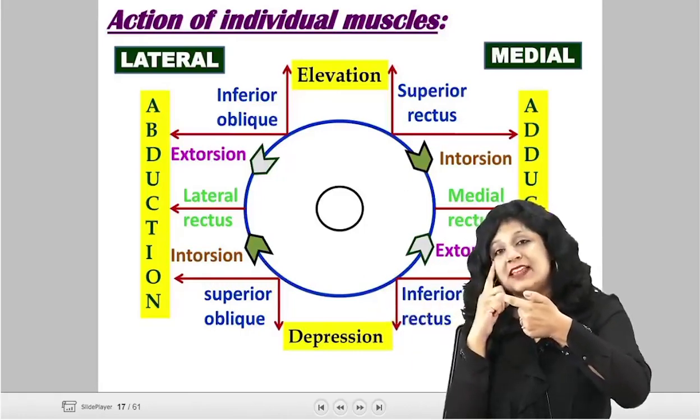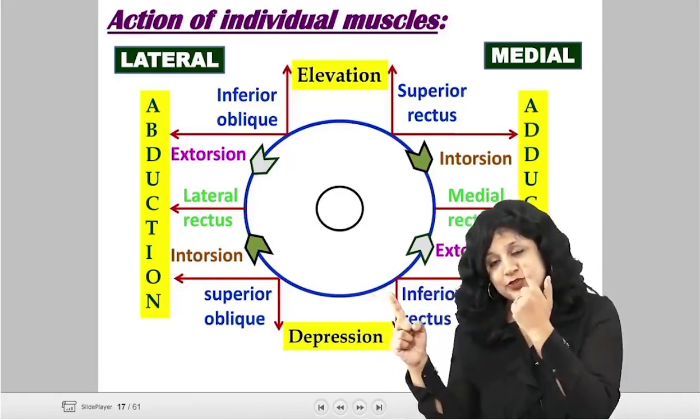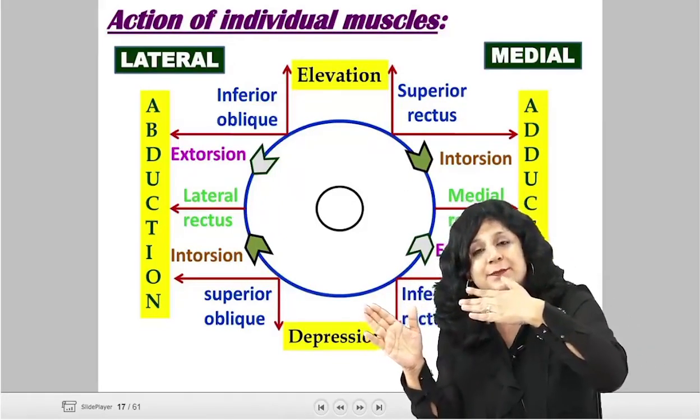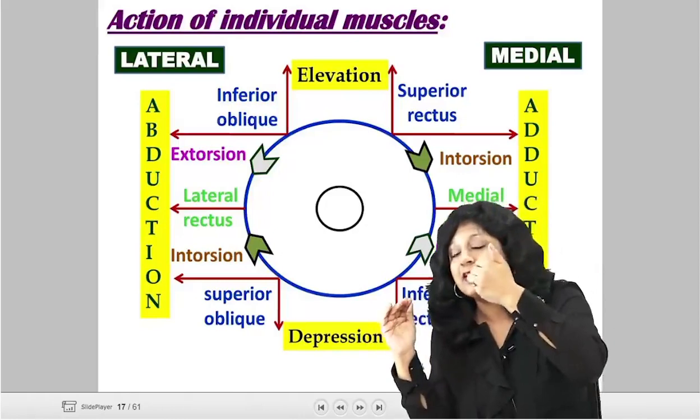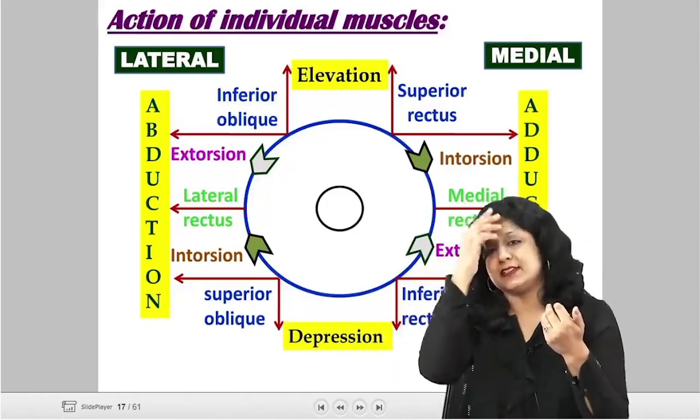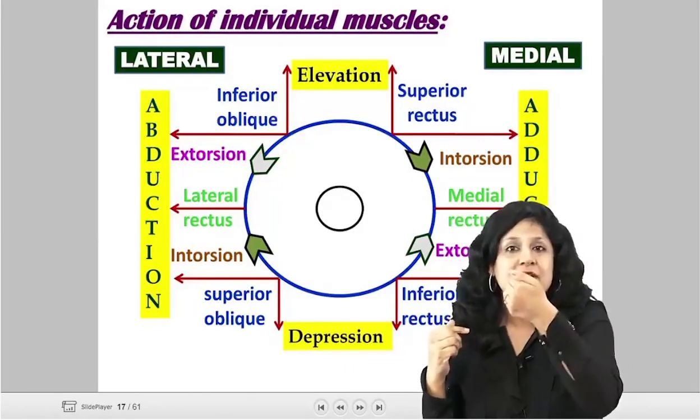So which muscle of this eye? Lateral rectus of right eye. Which muscle of left eye? Medial rectus. So both are contracting simultaneously. So basically both the muscles are used. In this it is abducting, so lateral rectus. Here it is adducting, so medial rectus.